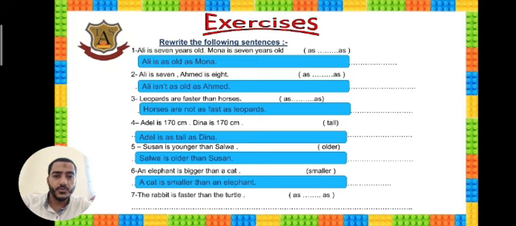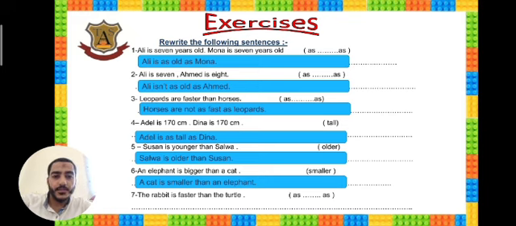The last one. The rabbit is faster than the turtle. Okay? Use as and as, adjective, as.